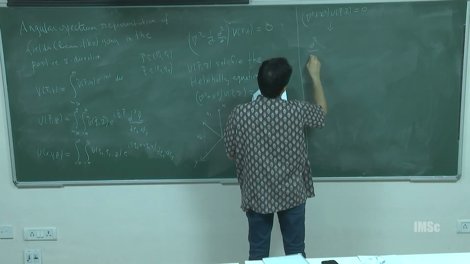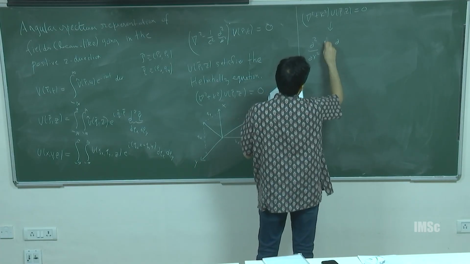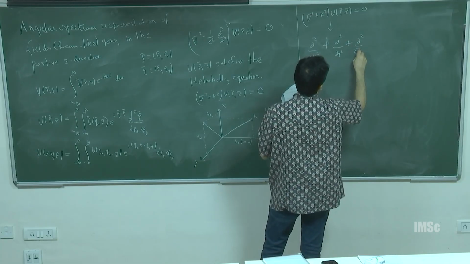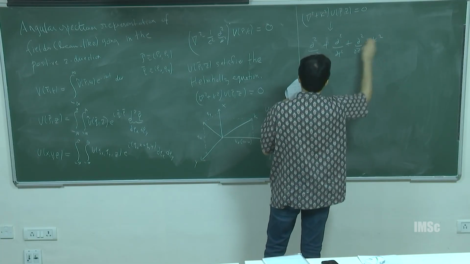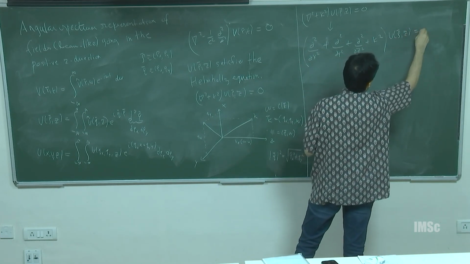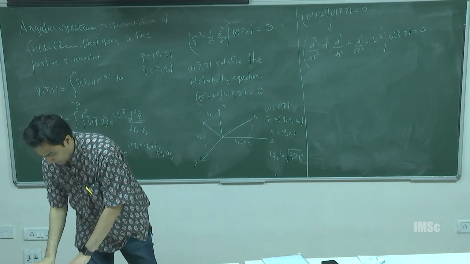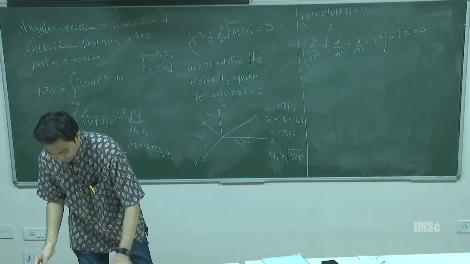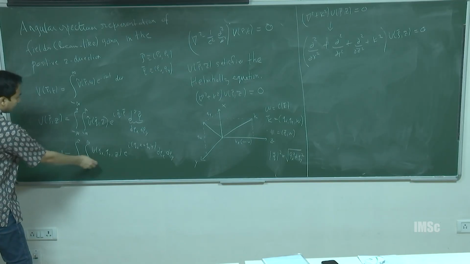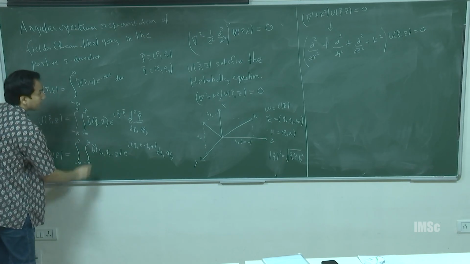So let us write this down explicitly: d squared by dx squared plus d squared by dy squared plus d squared by dz squared plus k squared, acting on u, equals zero. Now, we know what u of rho z is in terms of the Fourier components, right.